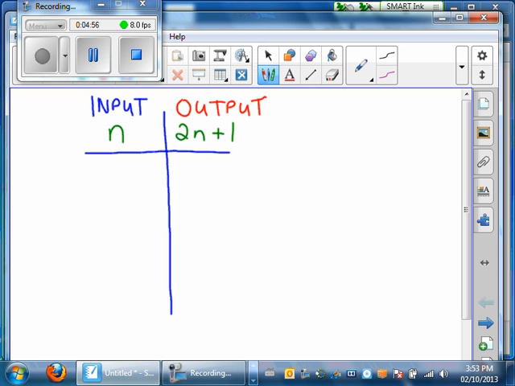So let's put in some numbers and see where we're at here. So what if we were to put in 1, 2, and 3 on this input chart. So what we're saying here is when n is 1, this is what the output is going to be. It's going to now become 2 times 1 plus 1, which equals 3.